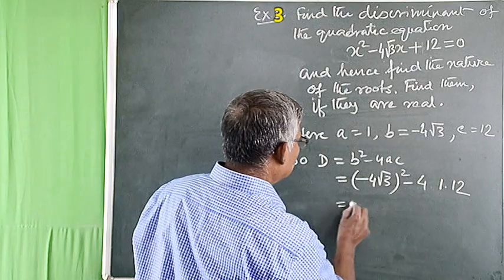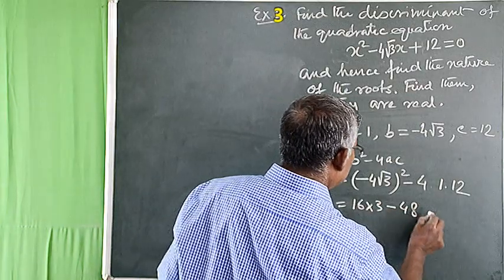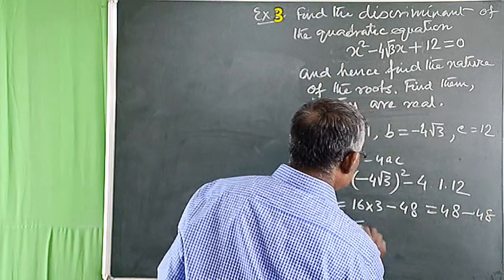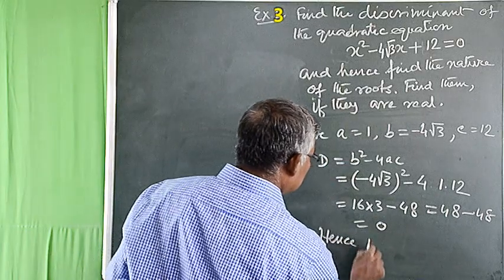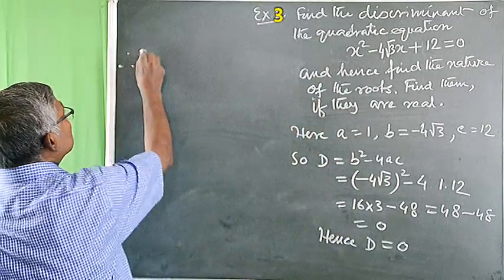This equals 16 into 3 minus 48 equal to 48 minus 48 equal to 0. Hence d equal to 0.